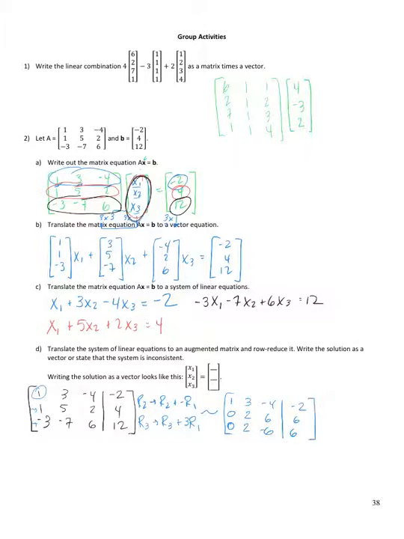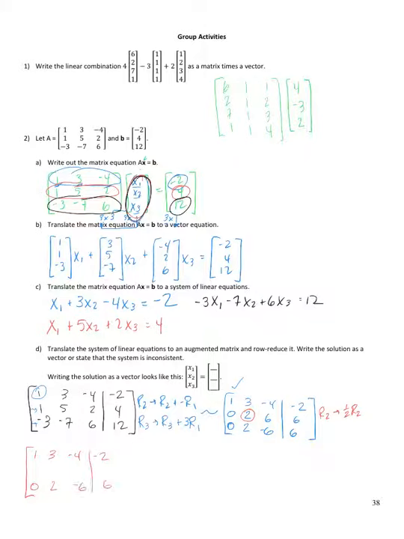Okay, so column 1 is set. I'm going to move over to column 2. And I want to first make that pivot entry a 1. So I'm going to scale that row by a factor of 1/2. So row 2 is going to become 1/2 row 2. I'm just copying the other 2 rows before I do anything else.